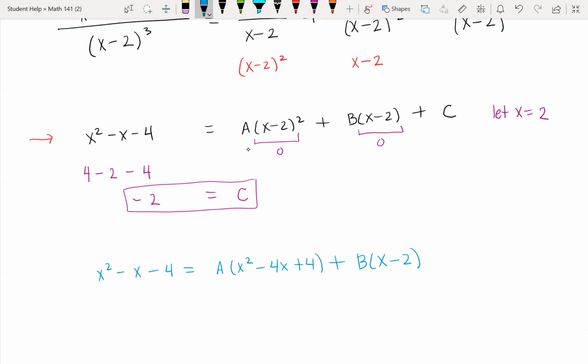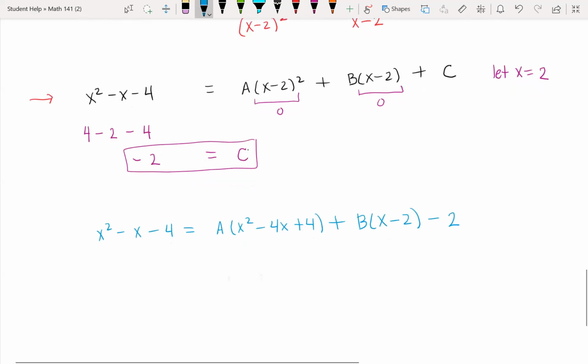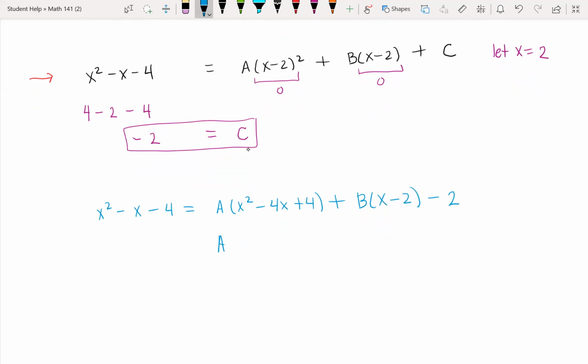And then I've got, let's put our minus 2 there because we know what that is already. So ax squared minus 4ax plus 4x plus 4 or bx minus 2b minus 2.